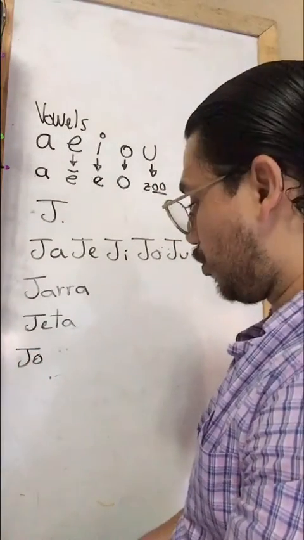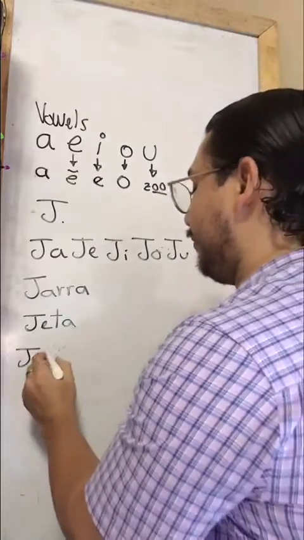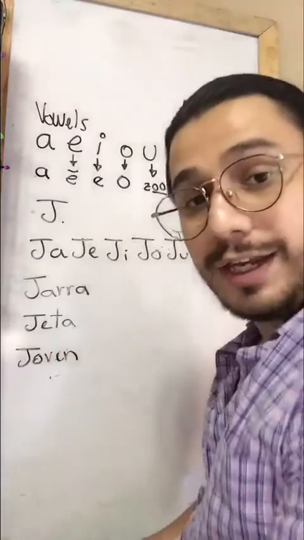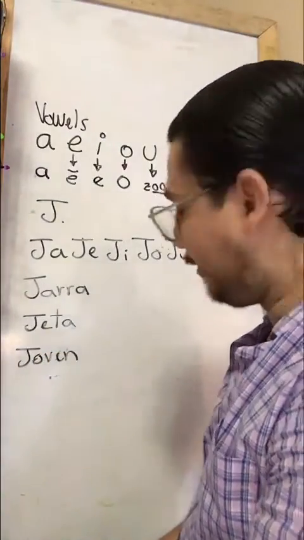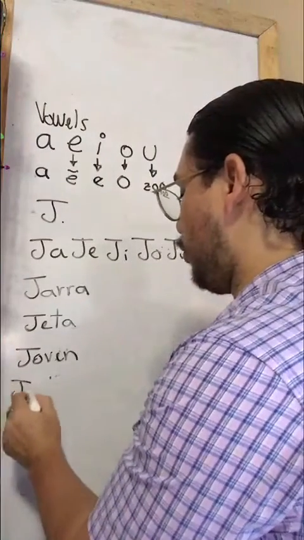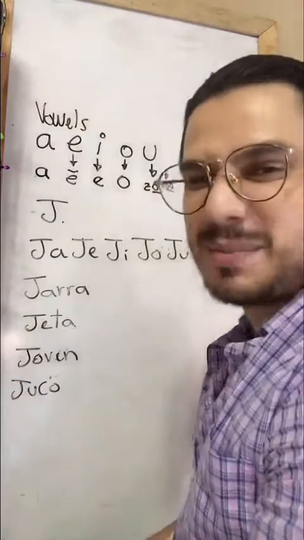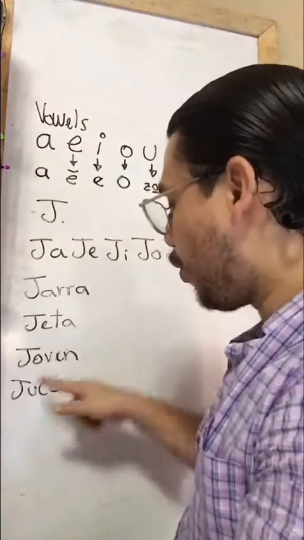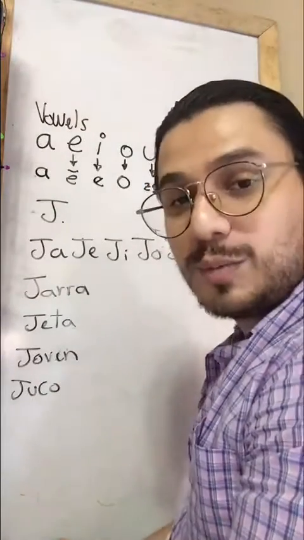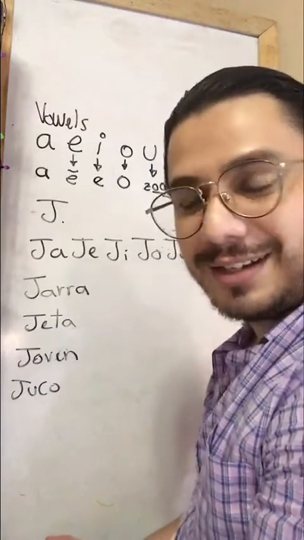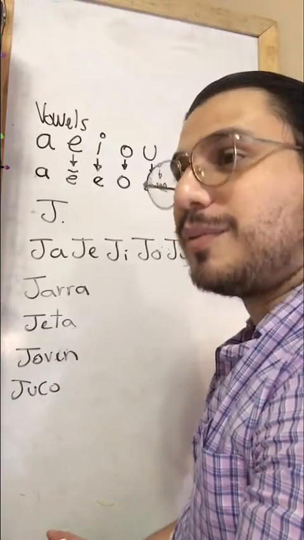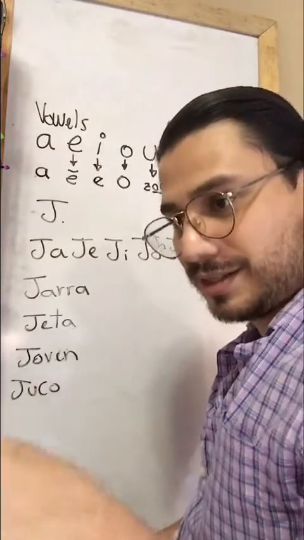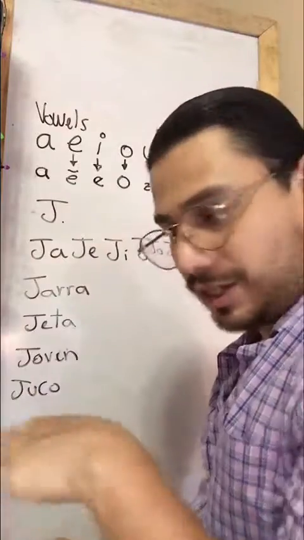Joven, young, joven, and for ju, juco. That's a Honduran word. Juco is a word to say someone that they're dirty, but it's kind of funny. So if you say, "Bring me that trapo juco," it's a dirty rag from the kitchen that you're cleaning with.